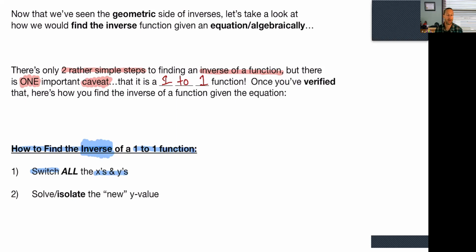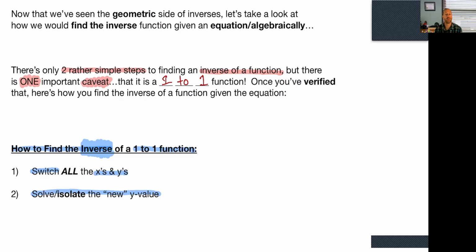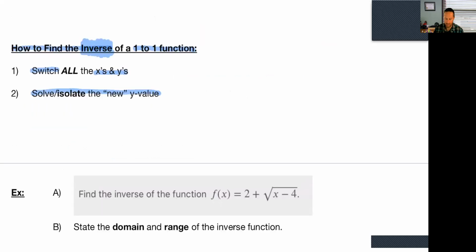Okay, and then once you've done the reverse of all the x's and y's, now we want to get our function the way that we're used to seeing it, with that y, and I call it a new y value, so that you can see exactly the way and form that we're used to graphing things. Okay, so pretty simple, 2 steps.